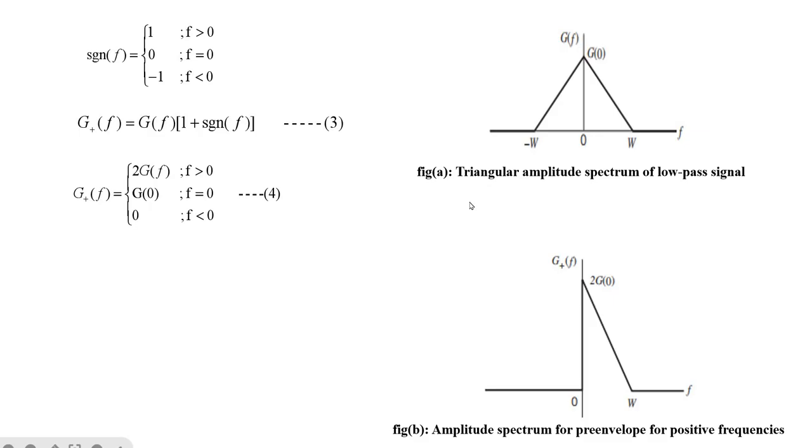Now it is also possible to draw the pre-envelope for the negative frequencies. So we'll see that when we are going for the negative frequencies, the equation will be g minus of t is equal to g of t minus j into g cap of t, and we'll take this as equation number 5.